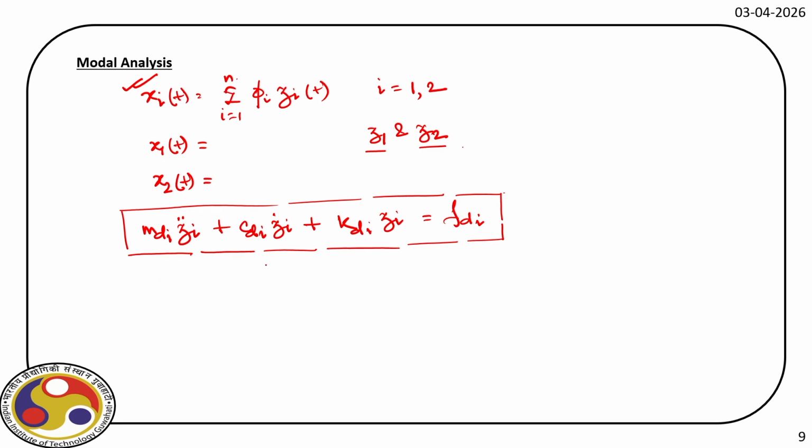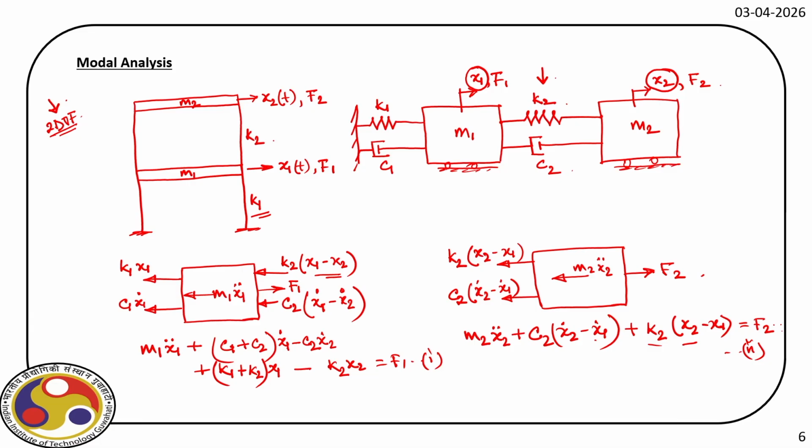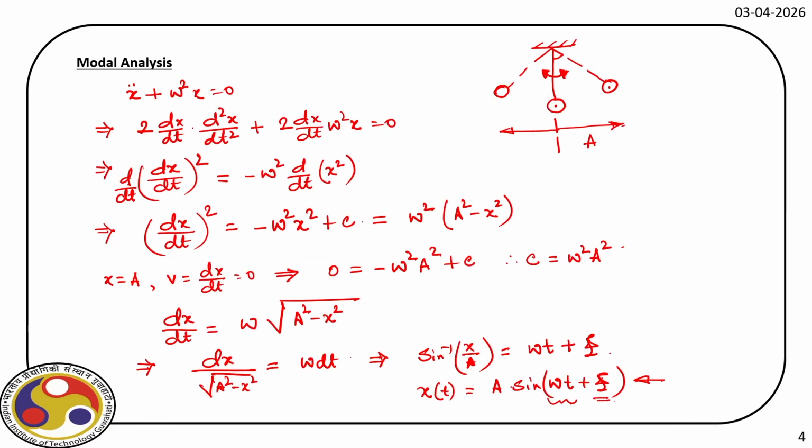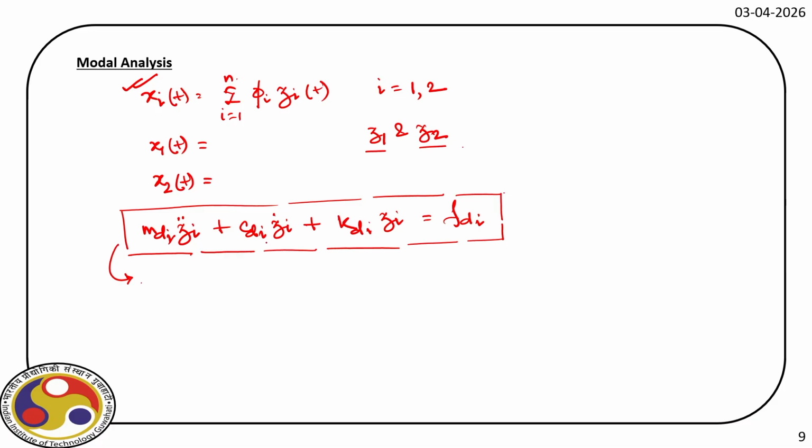Now this equation, you can imagine as the single degree of freedom equation that we have studied here. So again, we go for undamped free vibration analysis. If you write down this equation, MDi Zi double dot plus KDi Zi is equal to 0.